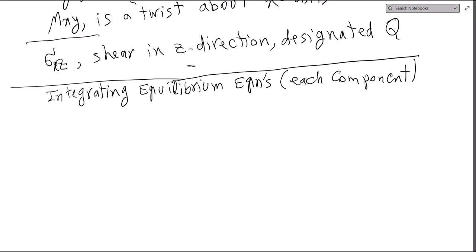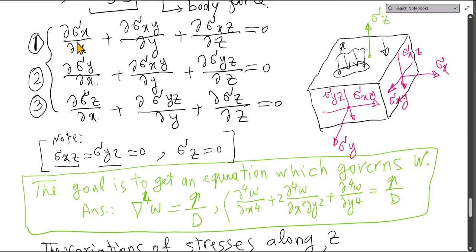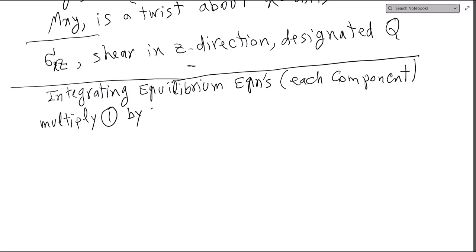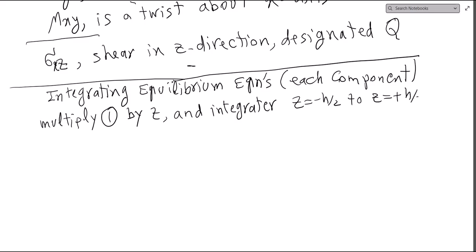Okay, so what we do, we multiply 1. When I say 1 here, I mean this equation, the first one here, multiply by z, and integrate from z equal to minus h over 2 to z equal to plus h over 2, from the top surface to the bottom surface along the z direction, because remember our z is downward positive.